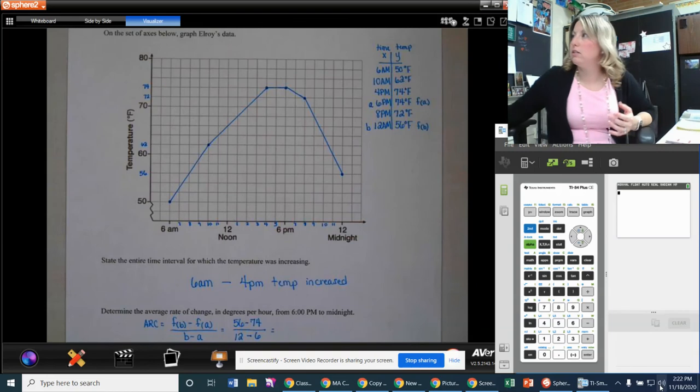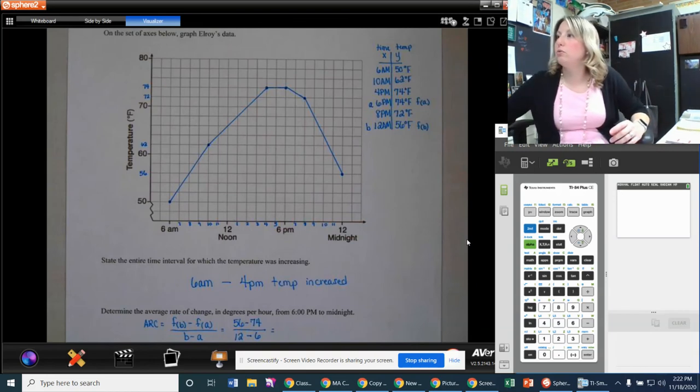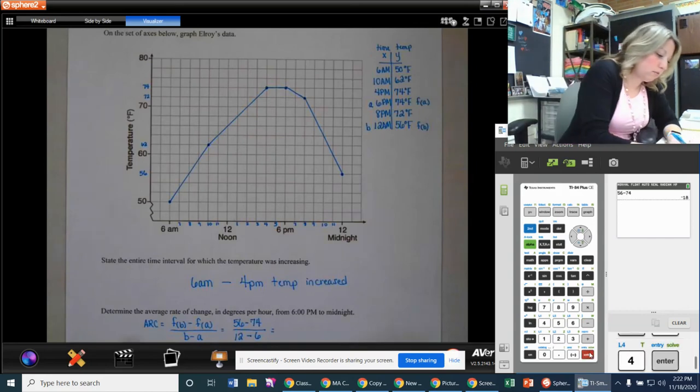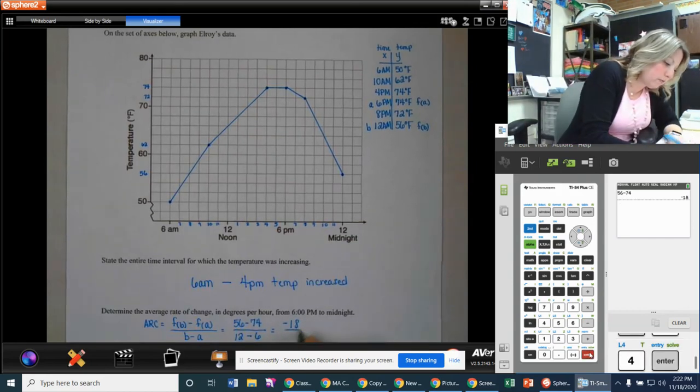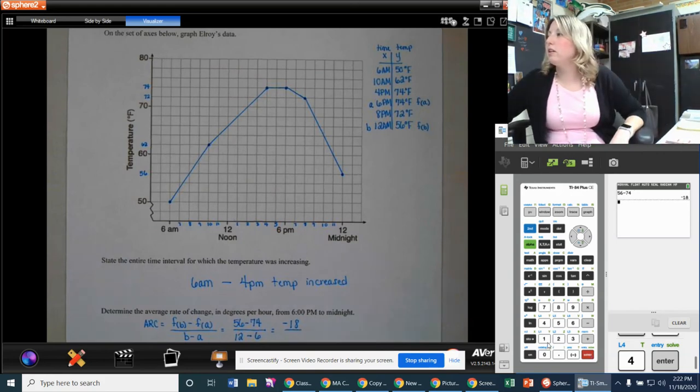Now we'll subtract, again, graphing calculator over here, just to show you. 56 minus 74 gives me my top number. And 12 minus 6 gives me my bottom number.